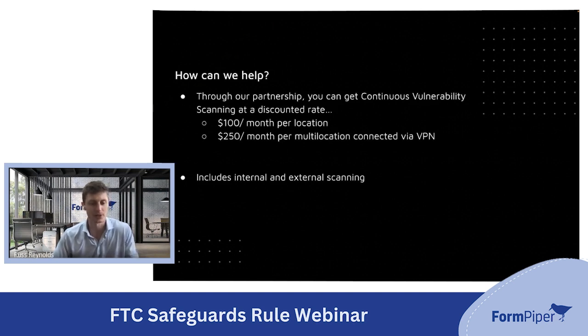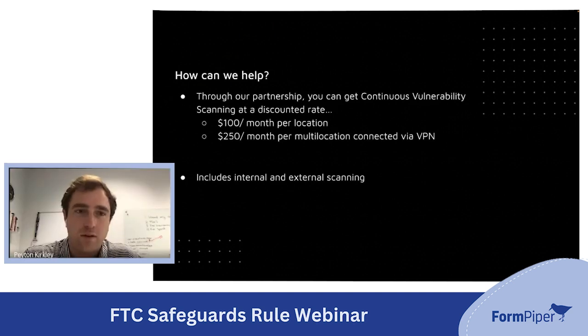This includes internal and external scanning, and I believe it also includes cloud scanning, correct, Peyton? Yep. It does external, internal, and if you're hosting any of your data in the cloud, like Azure, Google Cloud, or AWS, we can run a scan on that to see if there are any vulnerabilities that can be patched there too, and that's included. Awesome.